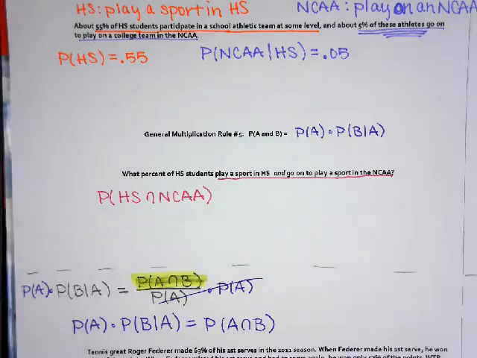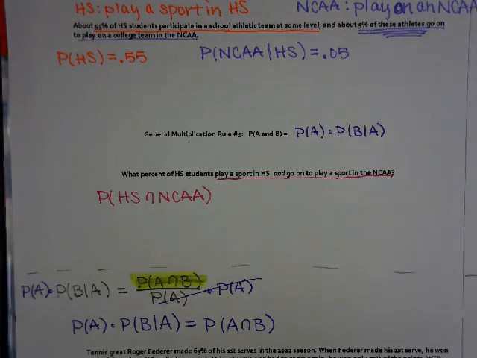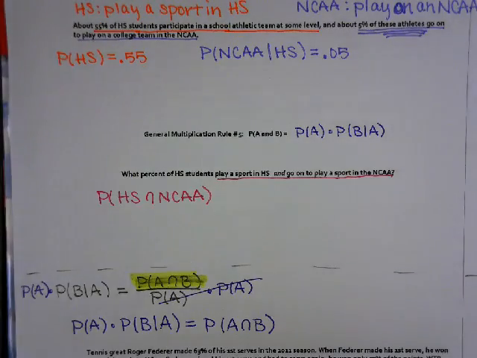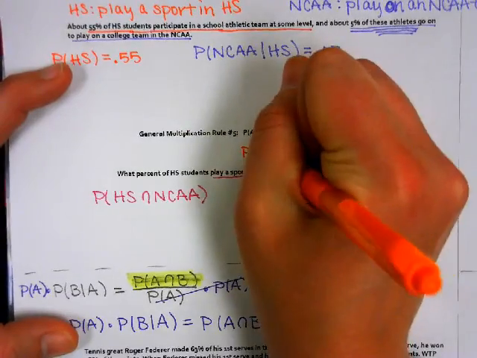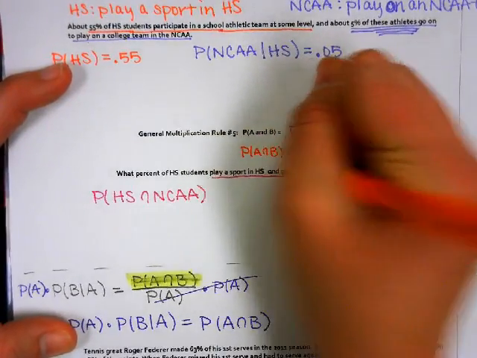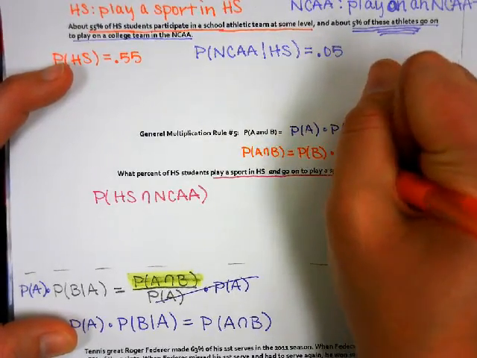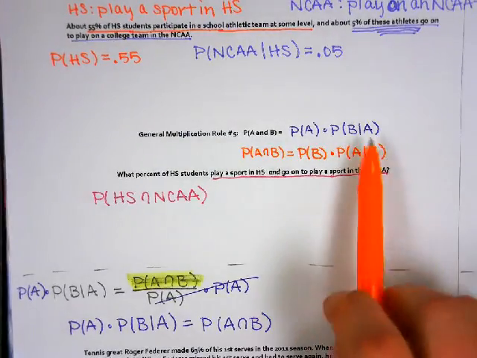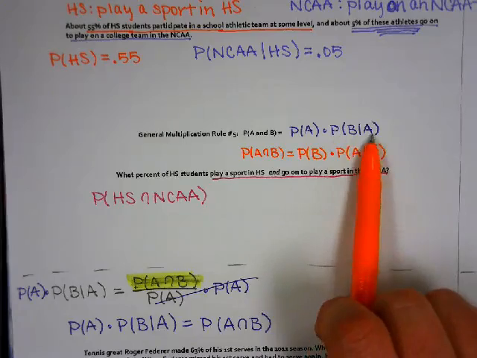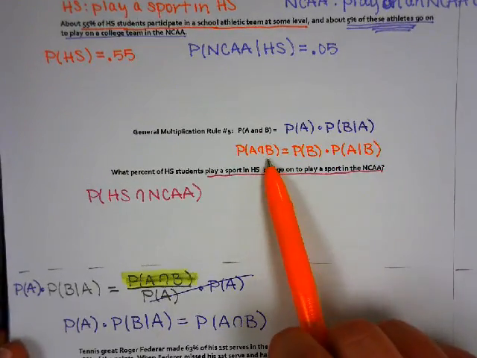And you can also find the probability of A and B by the probability of B times the probability of A given B happened. So just notice that if you have a conditional probability, if you multiply it by the probability of the given, you can find the probability of A and B happening, which is what our diagram was doing for us.